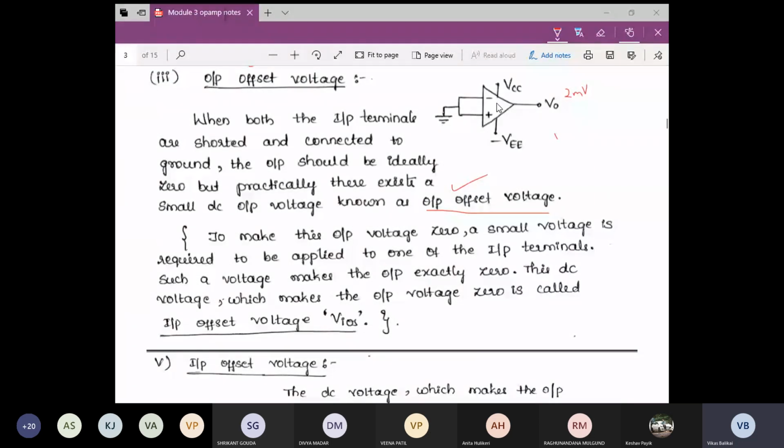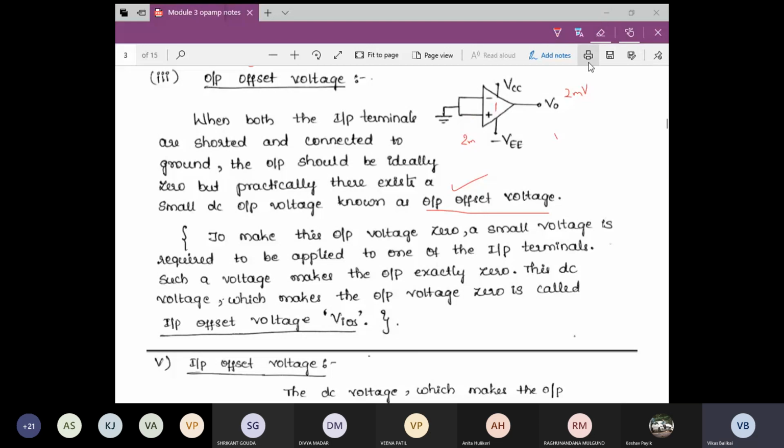If I assume the op-amp has a gain of 1, there is definitely 2 millivolt of some noise sitting on this non-inverting terminal. That makes my output voltage look like 2 millivolt, because 2 millivolt multiplied by a gain of 1 is again 2 millivolt.